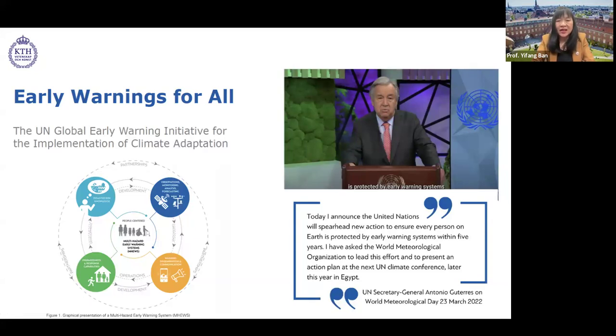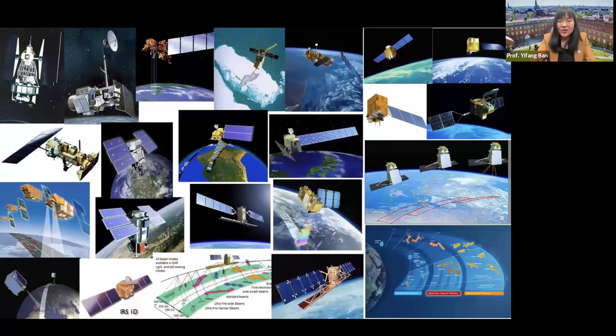So Earth observation can play a significant role in Early Warning for All. Since 1972, many Earth observation satellites have been launched, providing petabytes of data for environmental change monitoring, specifically for early detection of wildfires and monitoring fires in near real time.